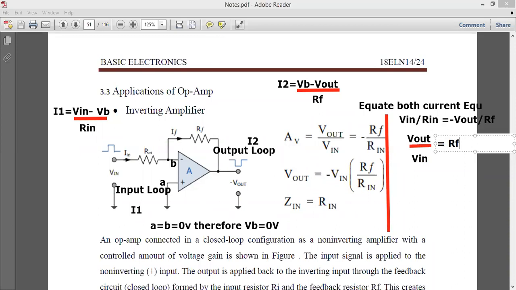So here it is RF. ठीक है, V out का माइनस भी मैं LHS साइड पे डाल दूंगा. So it becomes minus RF divided by what remains? Only R in.